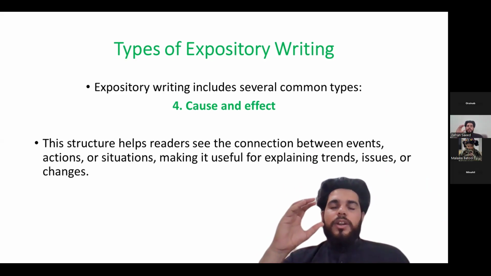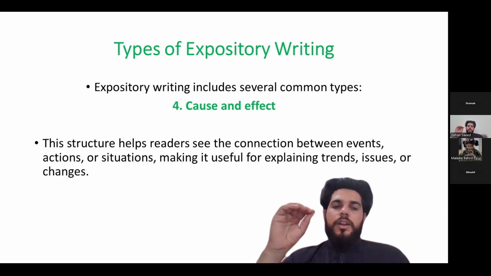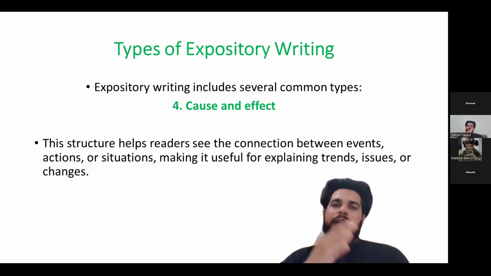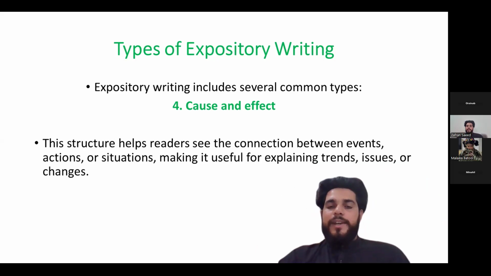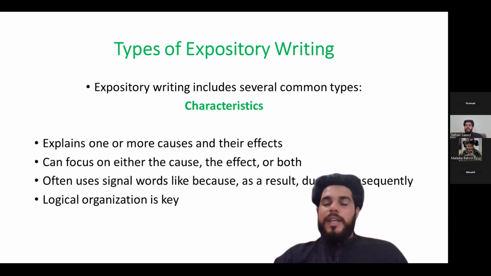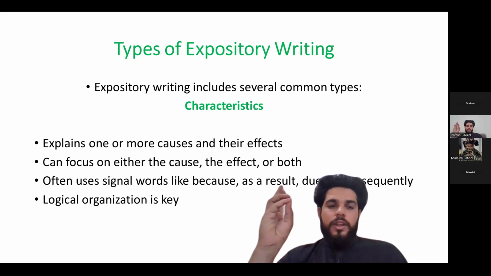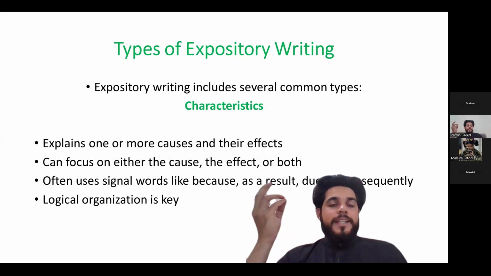This structure helps readers see the connection between events, actions, or situations, making it useful for explaining trends, issues, or changes. As far as the characteristics are concerned, the first one is to explain one or more causes and their effects.